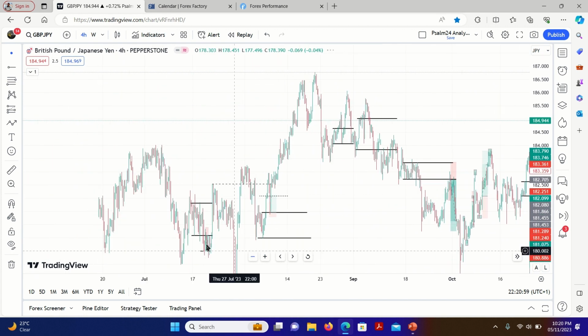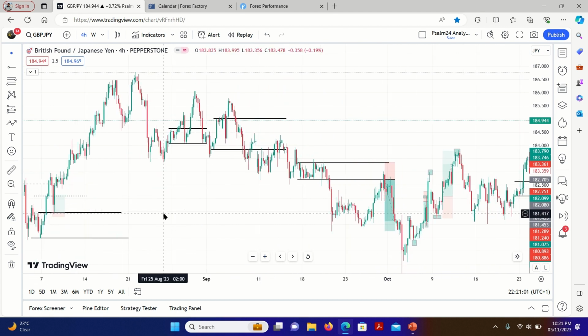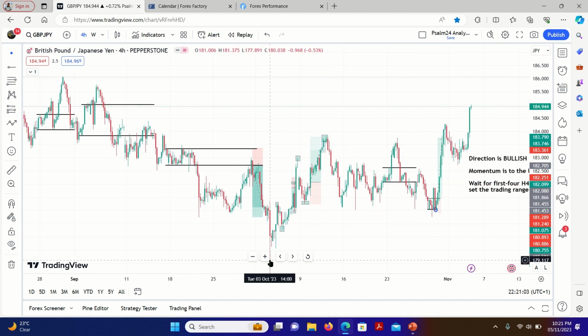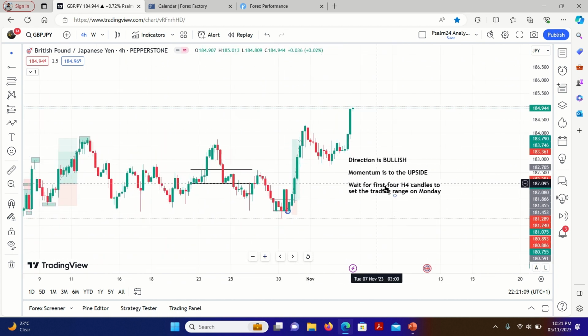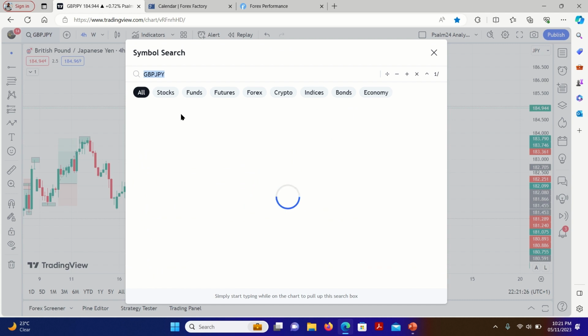It's a very compliant pair. So we call it a compliant pair because it often moves in a predicted direction. So it's also bullish. We are expecting some sort of reversal, a pullback, and then the continuation to the upside. So GBPUSD bullish, GBPJPY bullish, AUDUSD bullish, AUDJPY bullish, right?